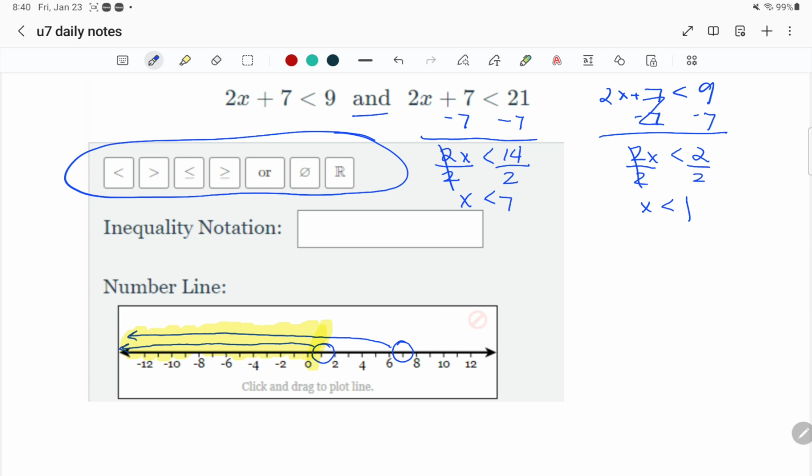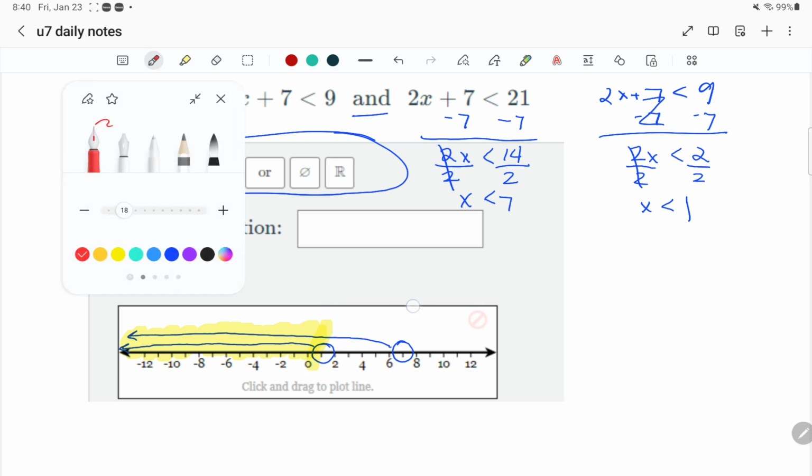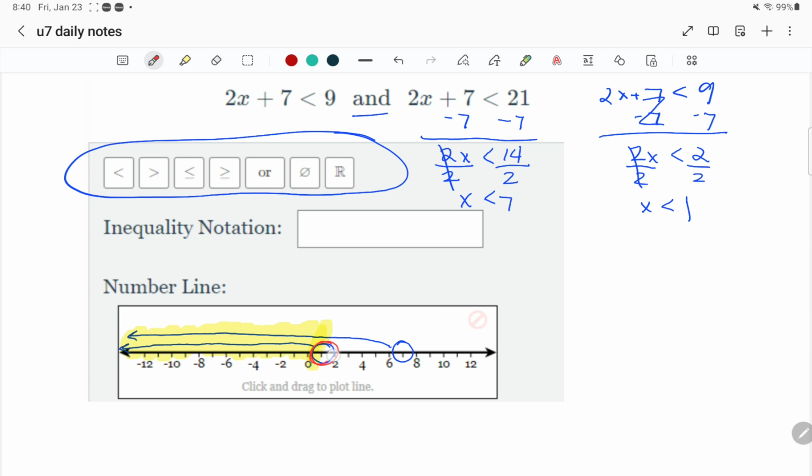I'm going to do my final in red, but you show it somehow. My final is just this one. Okay, so to play that back, we solved the inequalities, we graphed both of them to see what it looked like, and then with an and, we only keep where they overlap.